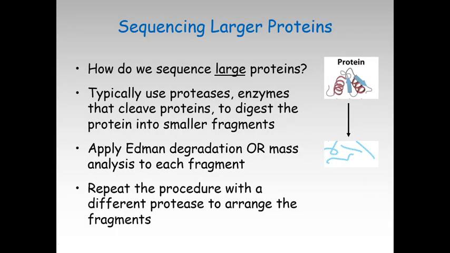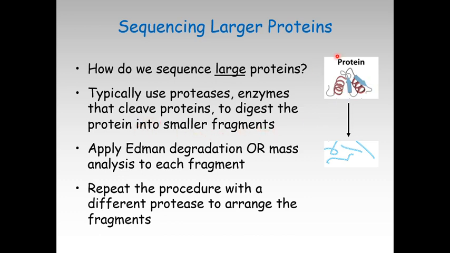Edman degradation may work for smaller proteins, but what about larger ones? How do we sequence large proteins? Typically, we use enzymes called proteases that cleave proteins to digest the protein into smaller fragments.